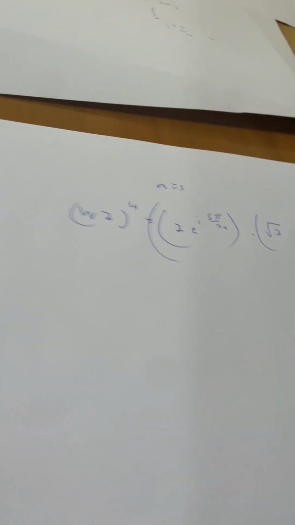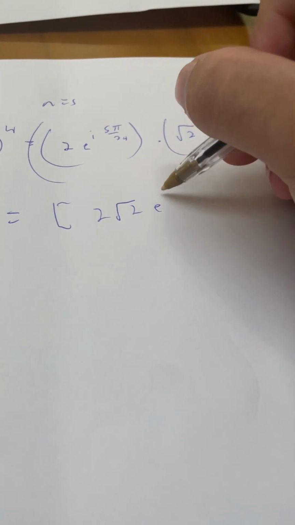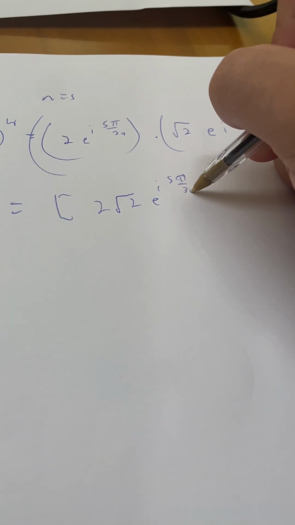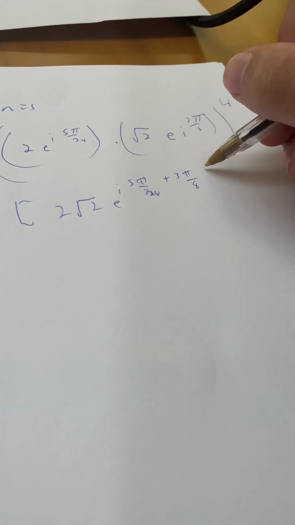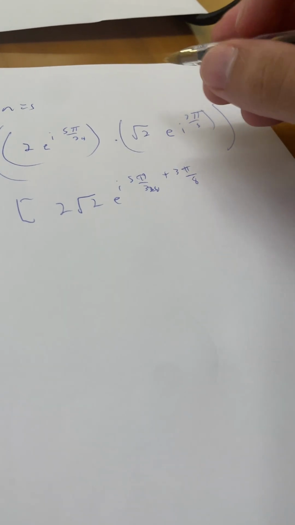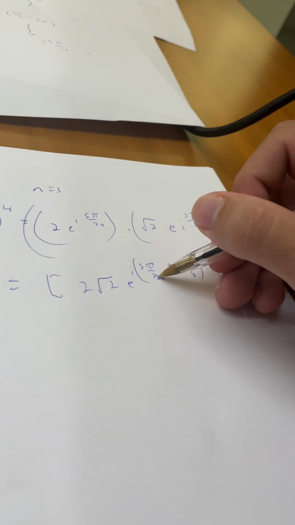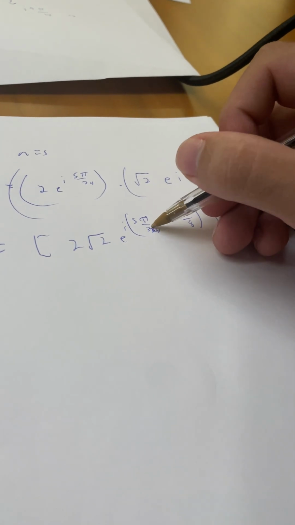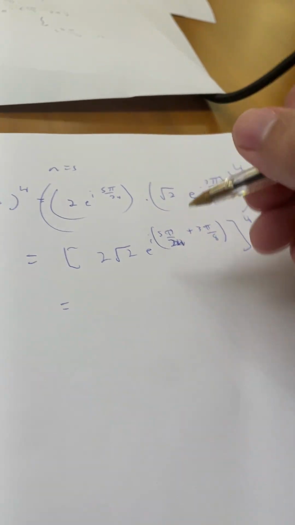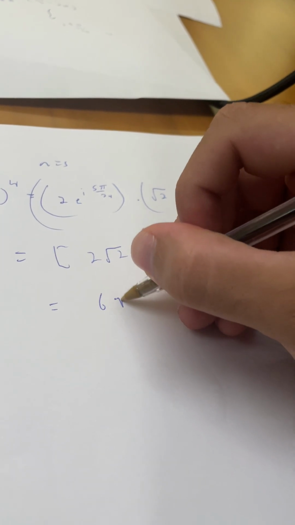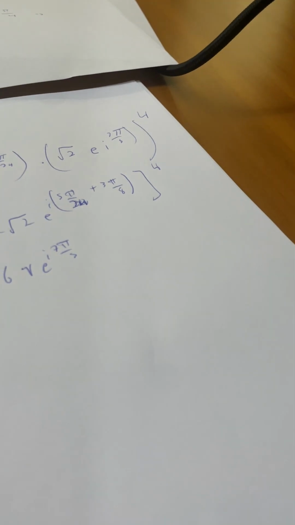And then we simplify and get 2 square root 2 e to the i of 5 pi over 24 plus 3 pi over 8, and eventually we simplify that and we get 64 e to the i 7 pi over 3.